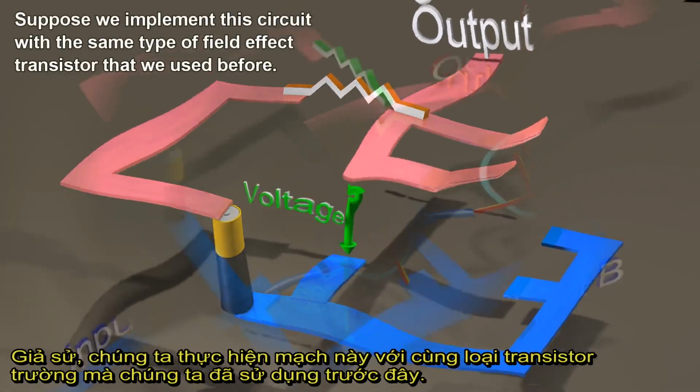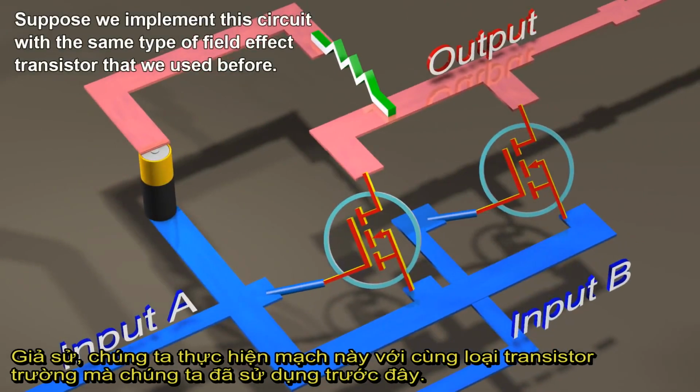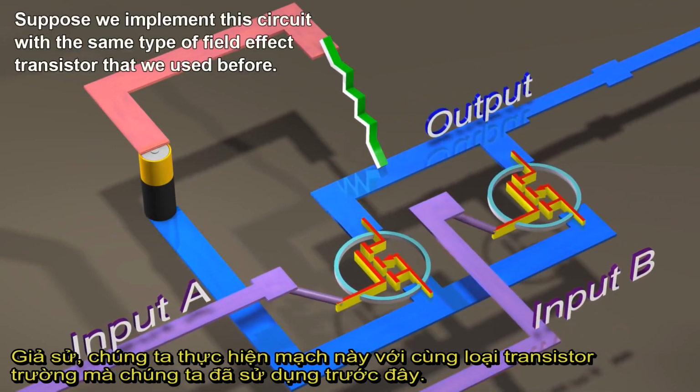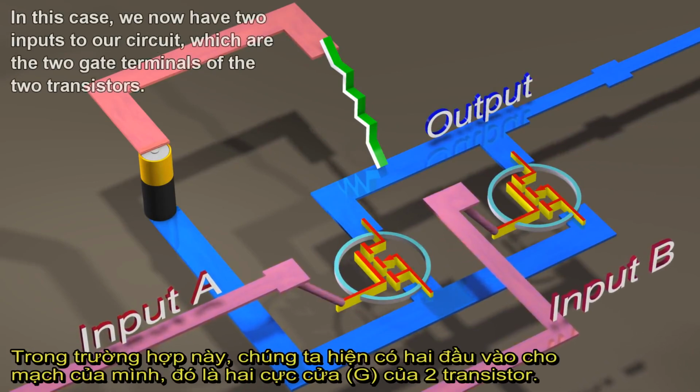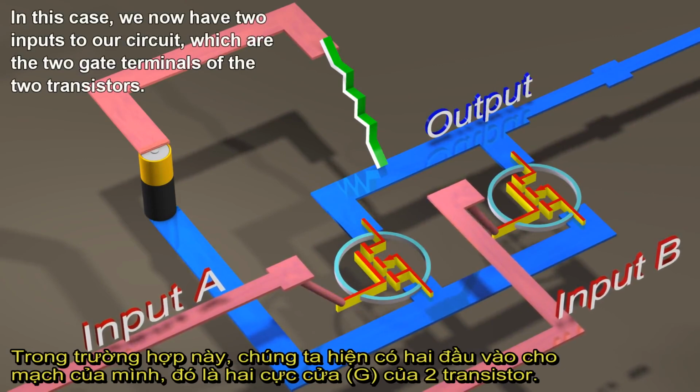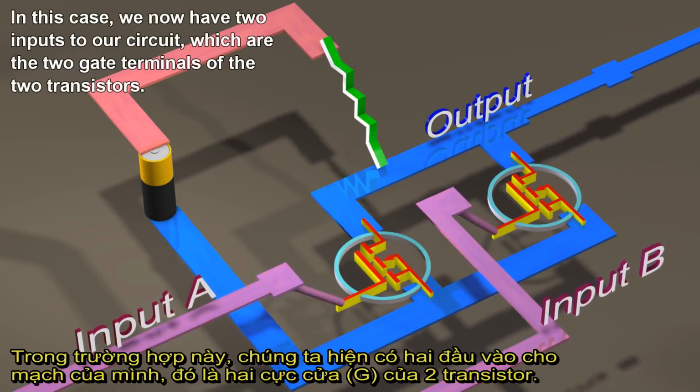Suppose we implement this circuit with the same type of field effect transistor that we used before. In this case, we now have 2 inputs to our circuit, which are the 2 gate terminals of the 2 transistors.